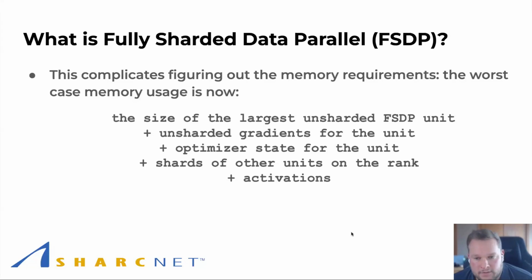And then the activations. So really our savings is coming from these three bits. Instead of keeping the entire model, the entire optimizer state, and the entire set of gradients, we're only keeping a subunit and then shards of all the other units. And this is how we can squeeze a model down into a smaller memory footprint.